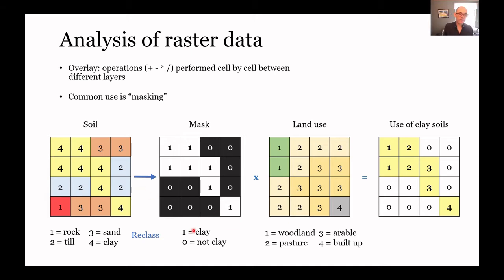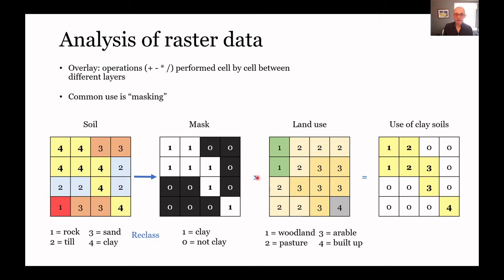Well, we now have a layer where every cell that is clay has a value of 1. We then go to our land use map here, where we have similar classes. Now the numbers mean something else. 1 is woodland, 2 is pasture, 3 is arable, 4 is built up.